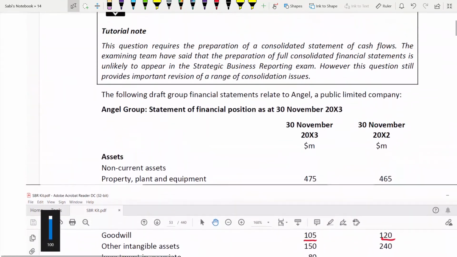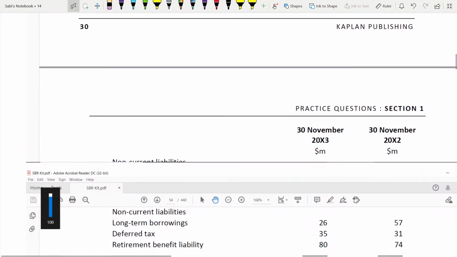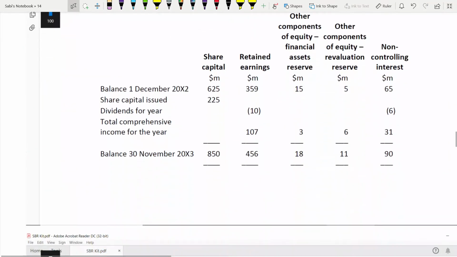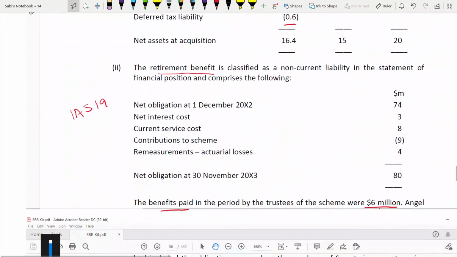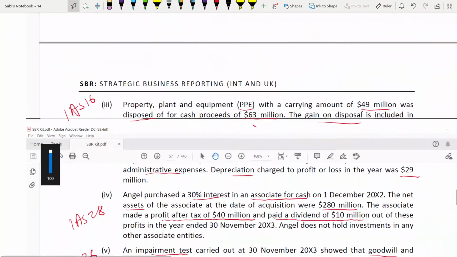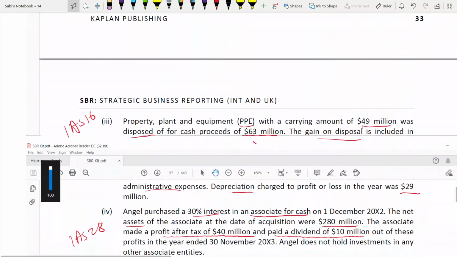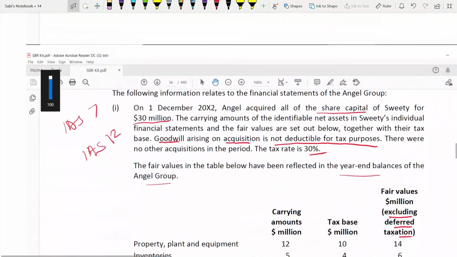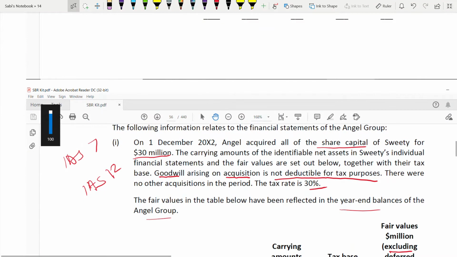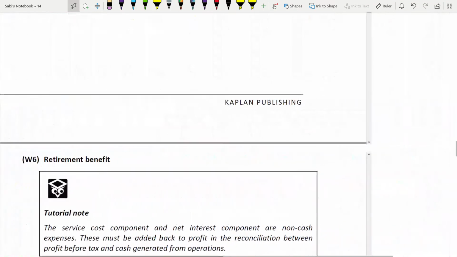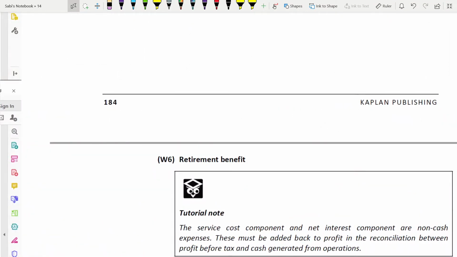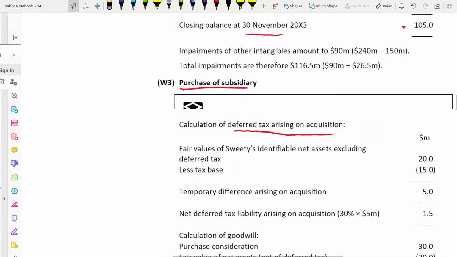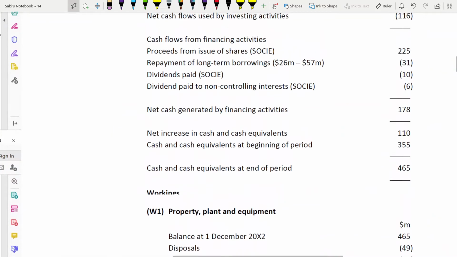We have to see how much percentage they have. I'm a little confused, sorry. They have purchased an associate for cash. Okay, and first they have purchased all of the share capital. Okay, it's also a subsidiary because they have not given anything related to NCI. I was a little worried that maybe it's an associate, but then an associate you cannot consolidate. So yeah.